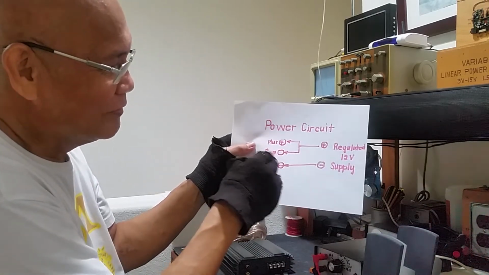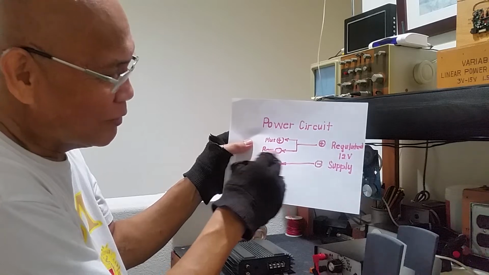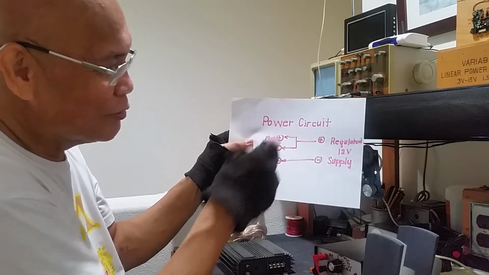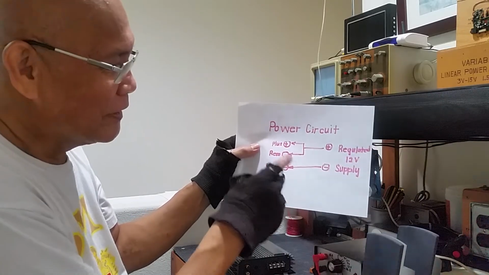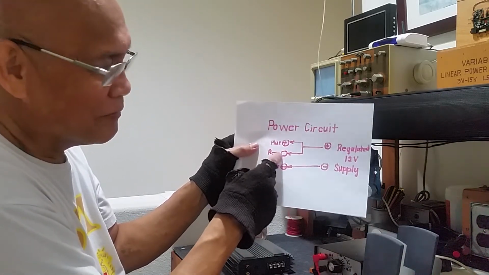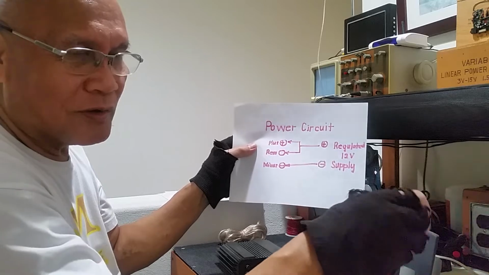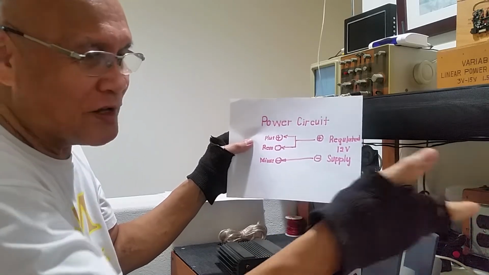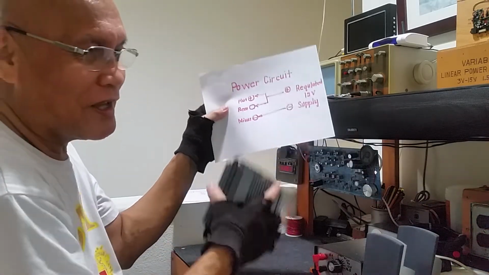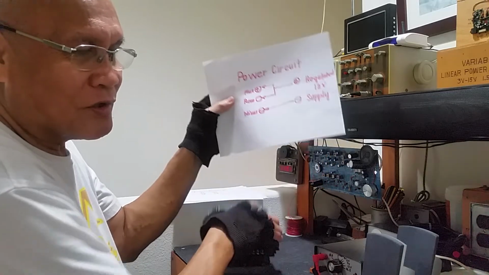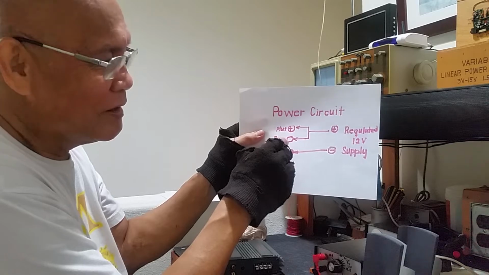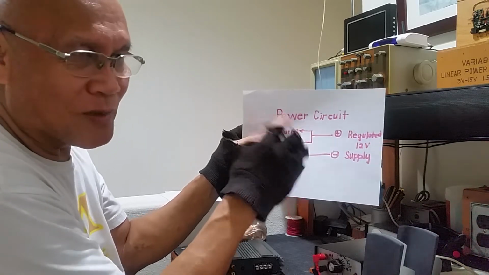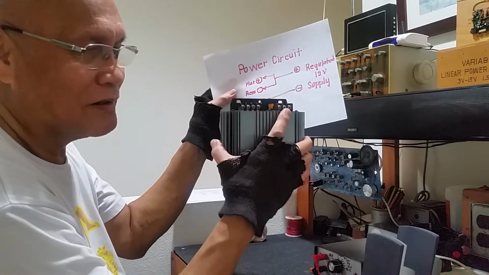This remote connection, the switch connection, is connected to the plus. While you are not energizing the amplifier, if this remote terminal is not on, of course the amplifier is not yet alive. So to bring out sound from the amplifier, you must put this remote terminal to the plus. You must energize the amplifier.